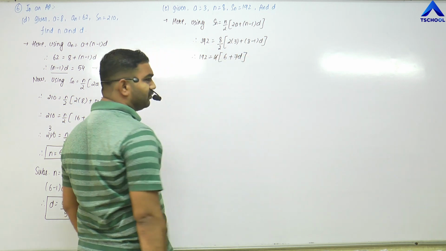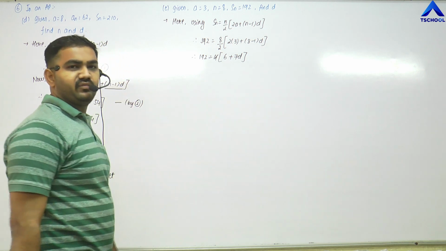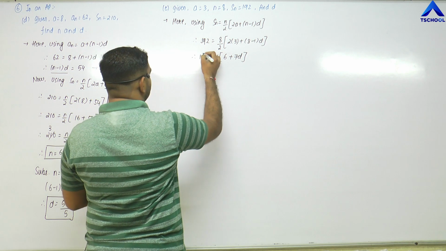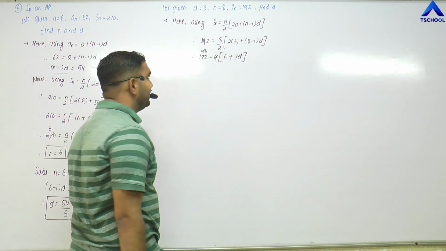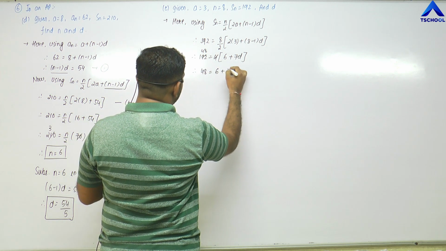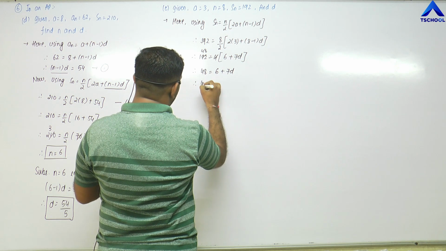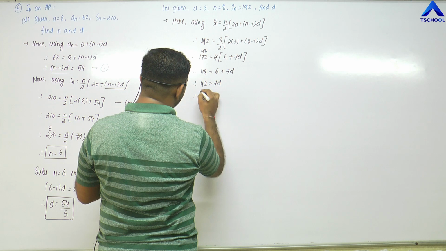Can you cancel this out by 4? 4 into 4 is 16, remainder 3, 32, 4 into 8 is 32. So 48, 96 and 192, good. Therefore 48 equals to 6 plus 7d. Therefore 42 equals to 7d, and hence d is equals to 6.